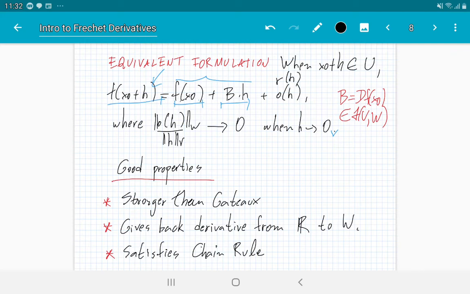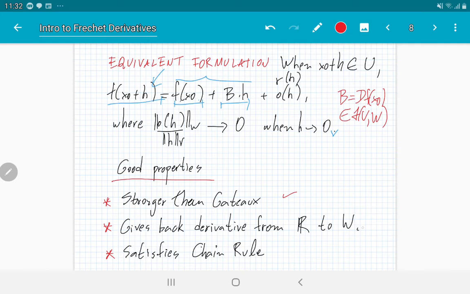Okay. So to finish this video, we're going to prove some very basic but very important properties of this notion of Fréchet derivative. In the next video, we're actually going to learn how to compute these derivatives. But for the time being, let's just stick with the abstract definition because this is important for us. So these properties are here, right? We're going to show that if f is Fréchet differentiable, then it's Gâteaux differentiable, and we can compute the Gâteaux derivative in terms of the Fréchet derivative. Gâteaux is a directional derivative.